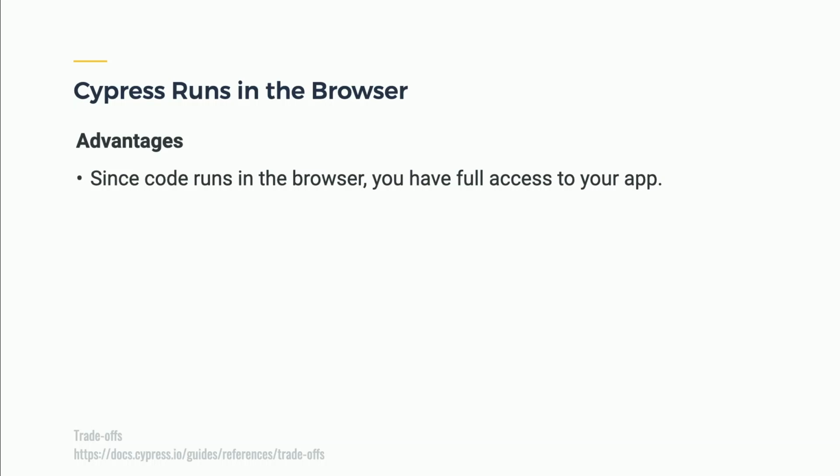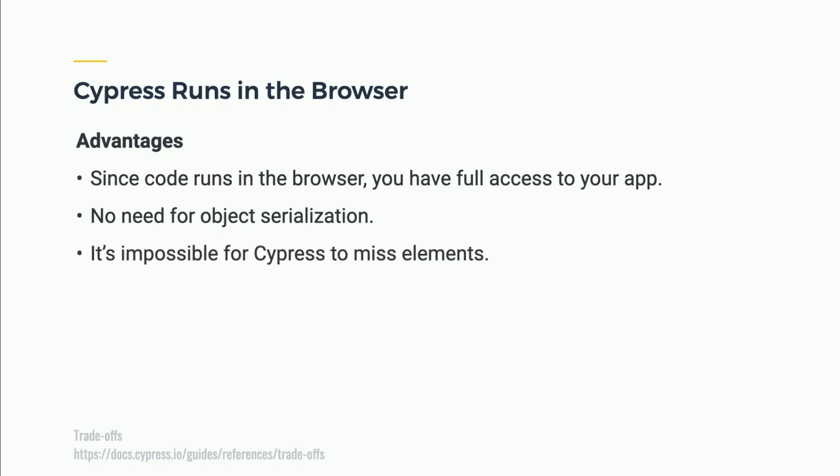Whereas since your testing code with Cypress is running in the browser, you literally have every API that the browser gives you at your fingertips. That means that there's no need for object serialization, because that's what you have to do when you talk between an external service and your browser. And it's impossible for Cypress to miss elements because it's running in the browser.